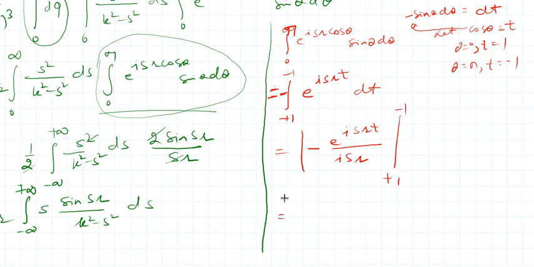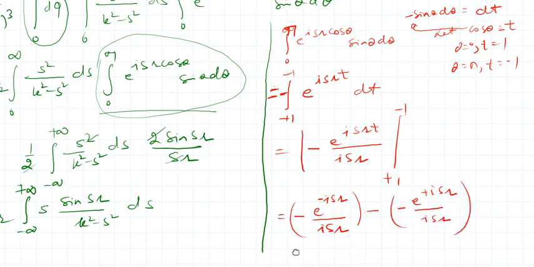Let me simplify this. The upper limit is 1 and the lower limit is -1, so upper limit minus lower limit gives e raised to power plus iota sr minus e raised to power minus iota sr, over iota sr. So I have simplified it.